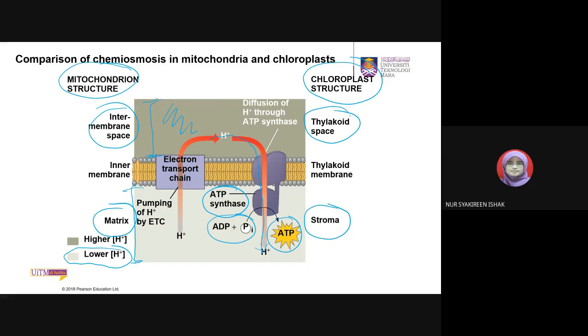Okay, so itu je. Awak kena ingat region. Okay, region yang mana concentration hydrogen ion tinggi, yang mana concentration hydrogen ion dia rendah. Okay, so konsep pergerakan tu apa? Active transport ke passive transport? Kalau aktif guna energi daripada elektron. Kalau pasif dia disebabkan oleh pergerakan daripada high ke low, proton motive force.